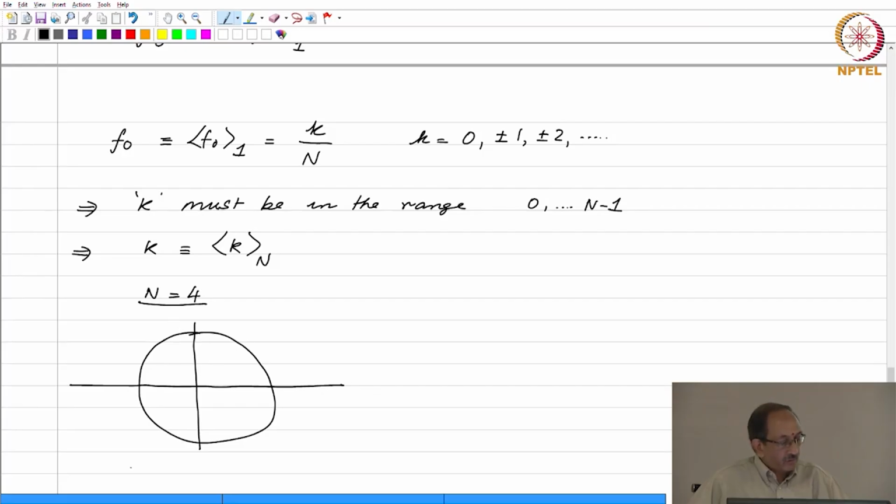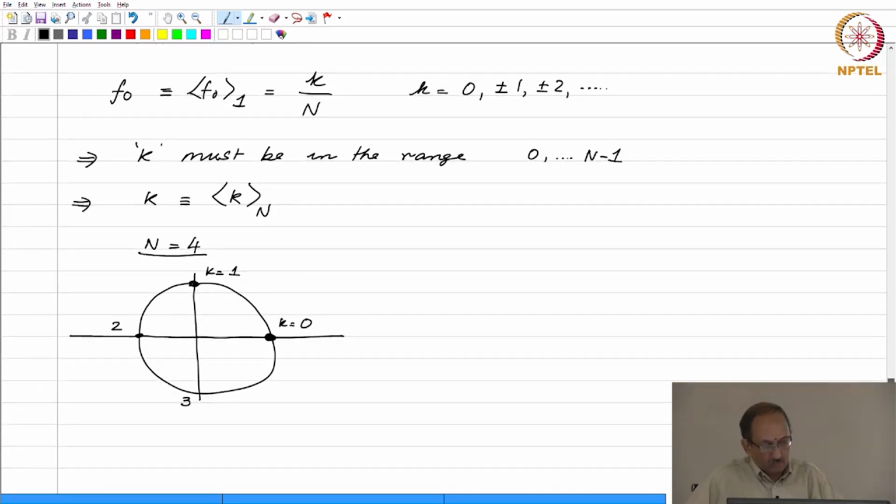So, which means k needs to take the value 0, 1, 2 and 3. Therefore, if k takes on the value 0, you will have omega naught here. So, this is k equal to 0 and this is k equal to 1, 2 and 3, okay.